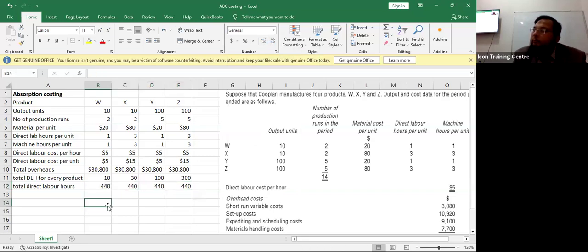So in total we work 440 hours: 10 for W, 30 for X, 100 for Y and 300 for Z.